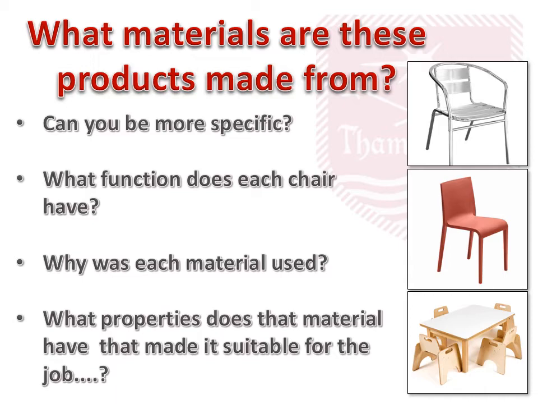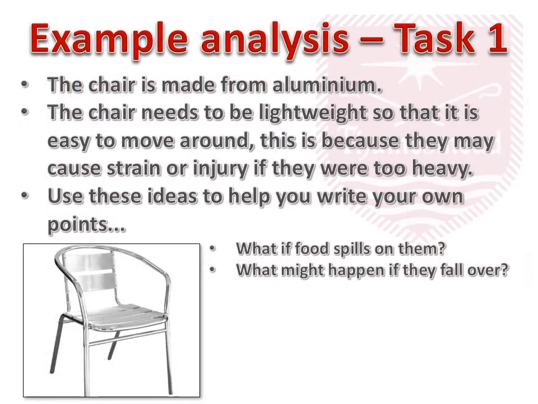So we're going to look very briefly at an example. The chair is made from aluminium. I would write that down because I know that's aluminium. You might take a good guess at what it might be, but that is the material that it's actually made from. Now, I know that this chair has to do certain things that other chairs don't. I know it needs to go outside.